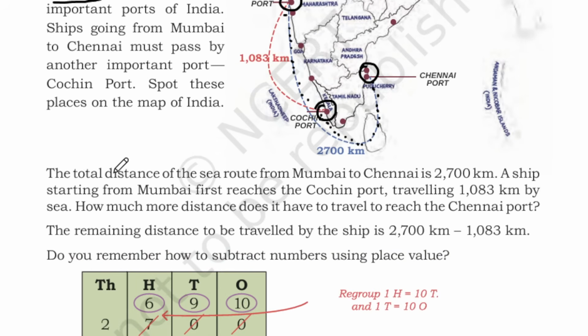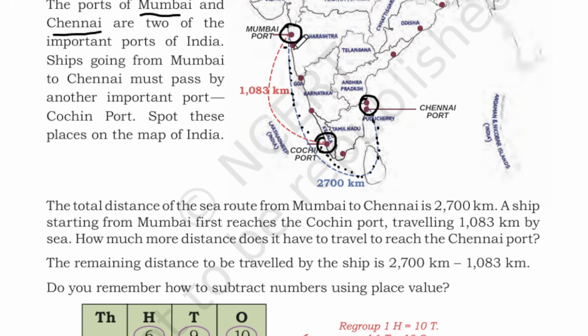The total distance from the sea route from Mumbai to Chennai is 2,700 kilometers. So the total distance which is from Mumbai to Chennai is 2,700 kilometers. Okay. A ship starting from Mumbai first reach Cochin. What is happening?